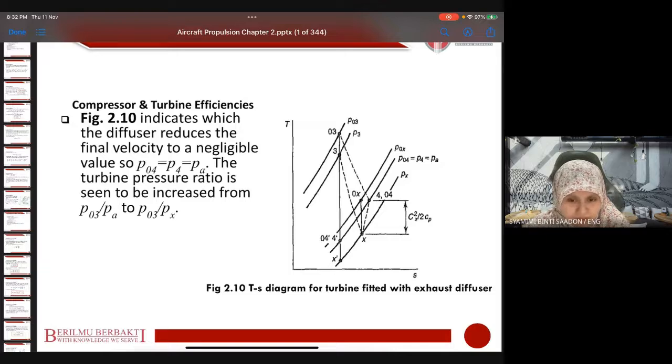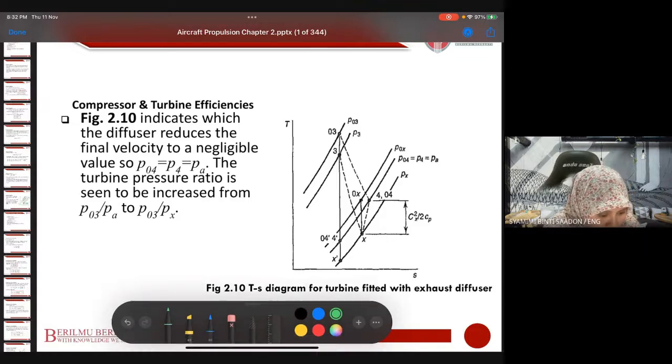Okay, so if you reduce the final velocity, the PO4 here, instead of this location, we can reduce it to here by adding the extra exhaust diffuser.